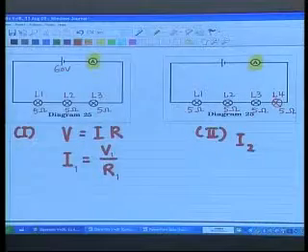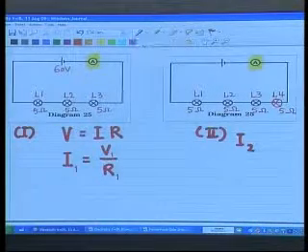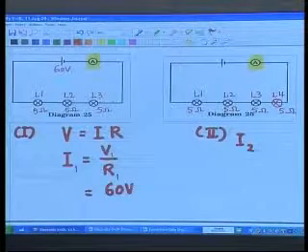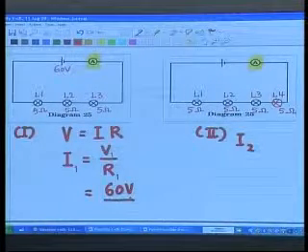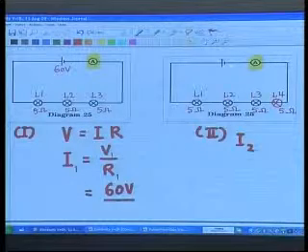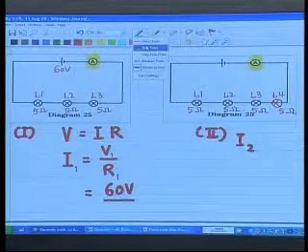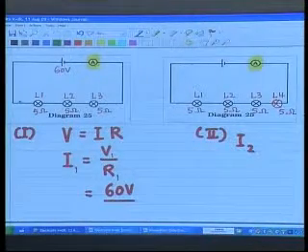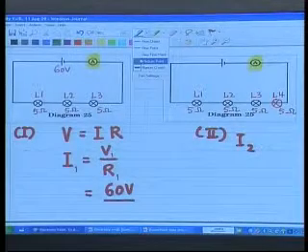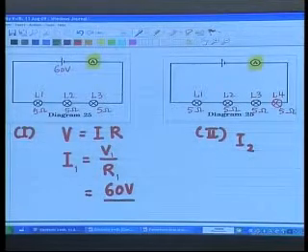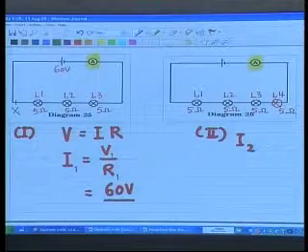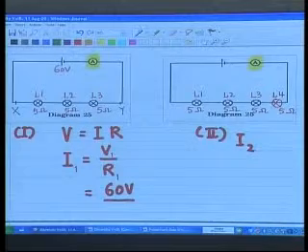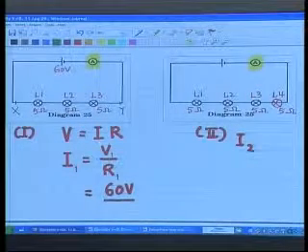So what is the voltage given to us? Okay, you can tell me. Simple. It is 60 volts. R1 is the effective resistance between the 2 points. Let us say that the 2 points are X and Y. I can call this point X and this point Y. So what is the effective resistance across XY?